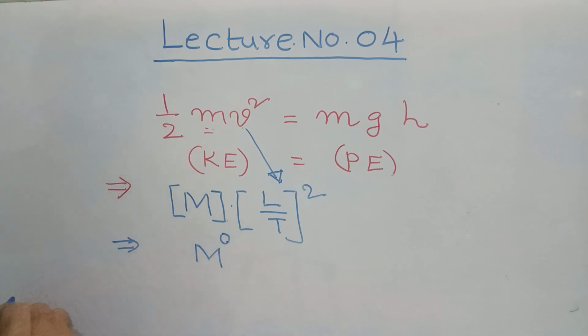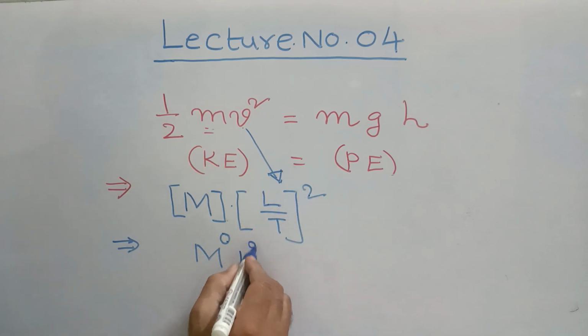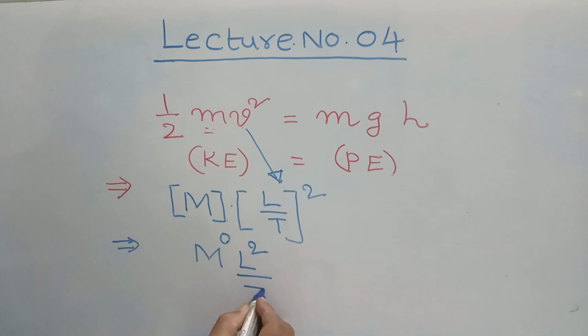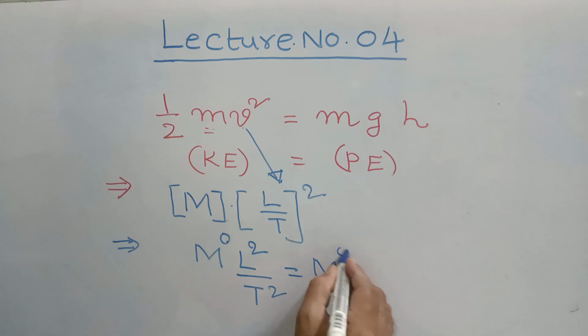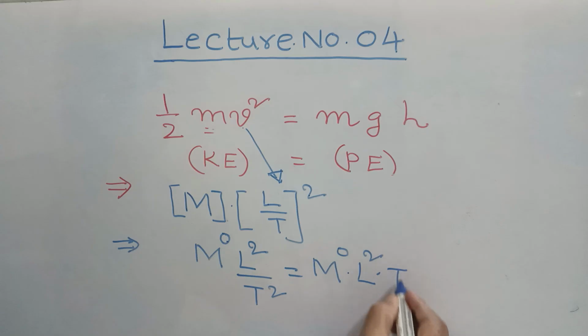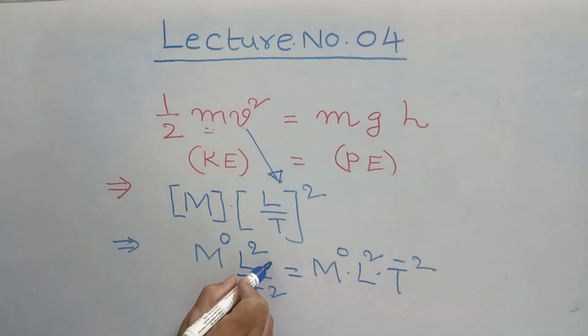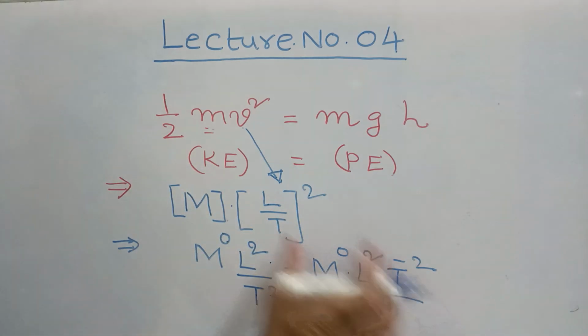Therefore, you can write m power 0, and L square by t square. Or you can write m power 0, L square, t power minus 2. This t square you can take to the numerator part, then it becomes t power minus 2. Therefore, this is the dimension of your kinetic energy.